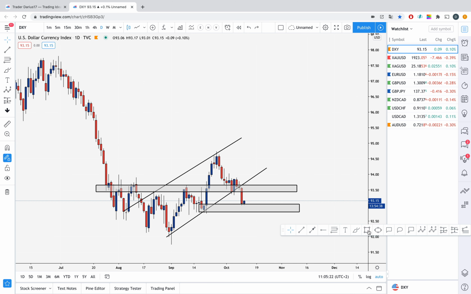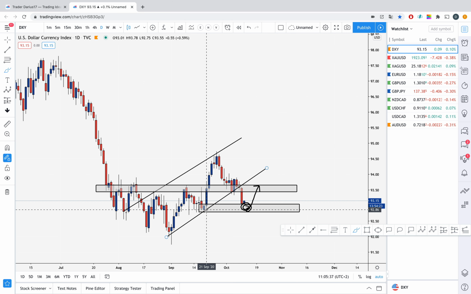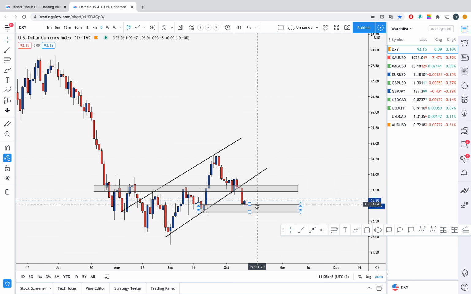And also here are some big players who want to push the price back to the upside because they already entered at this level. So here was the initial point for this big move to the upside. That means that the banks are also here. Now the thing is, it will all depend on the liquidity.